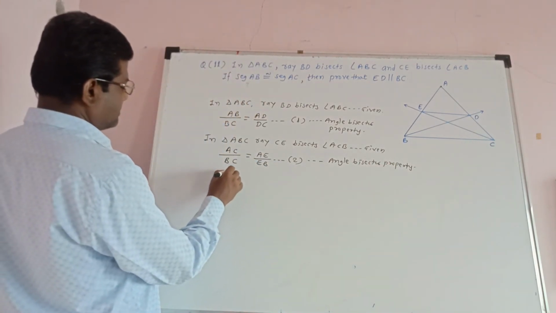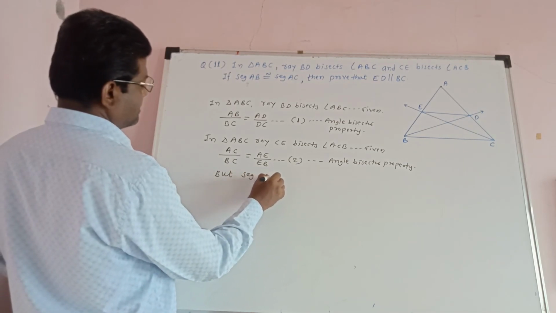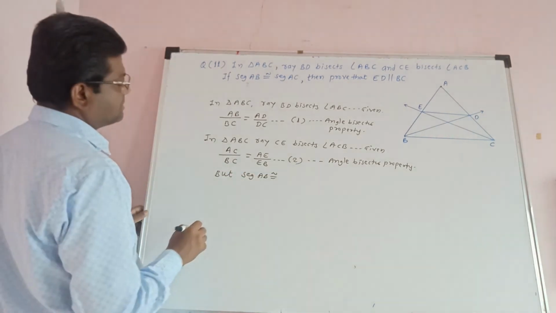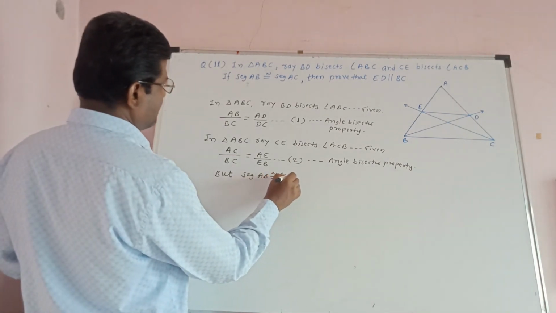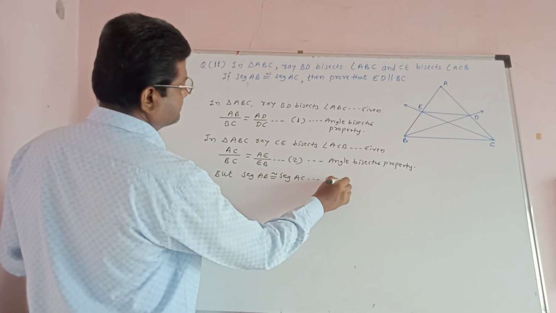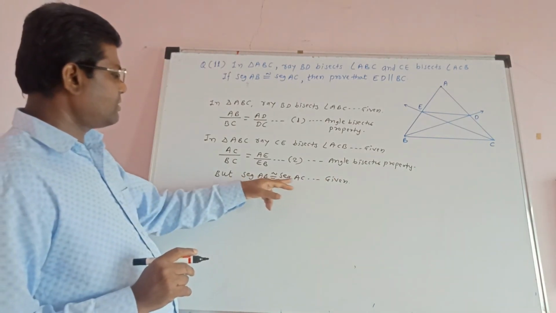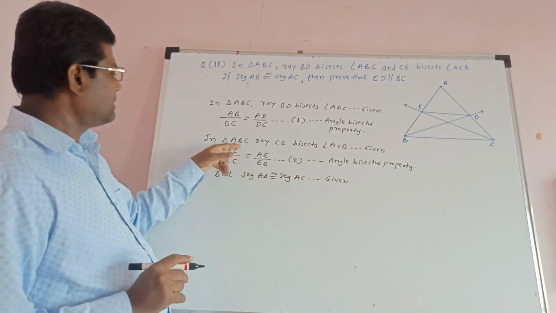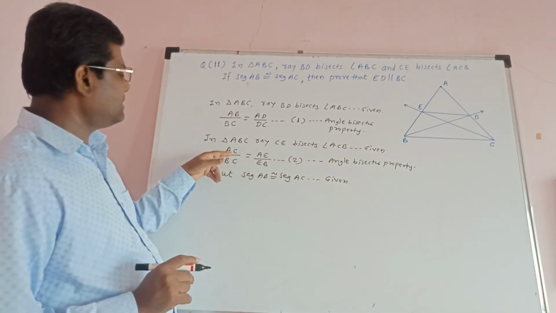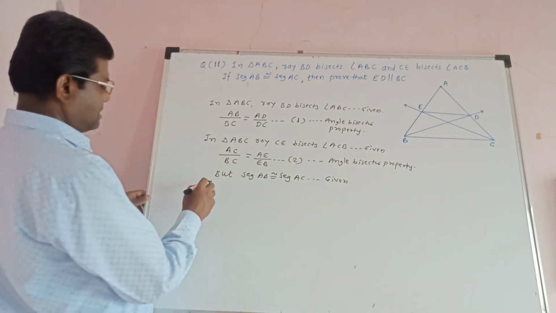But segment AB congruent segment AC. This is also given. Therefore we write AC is equal to AB in equation 2.